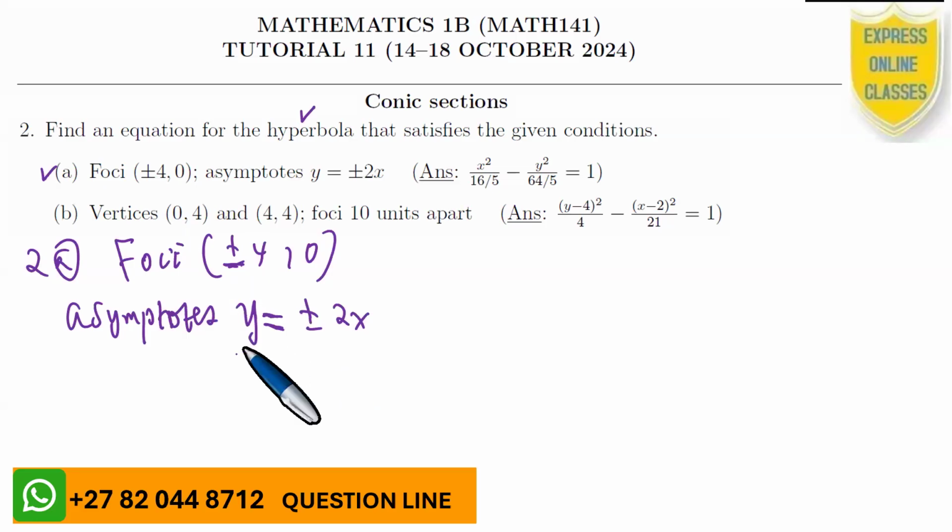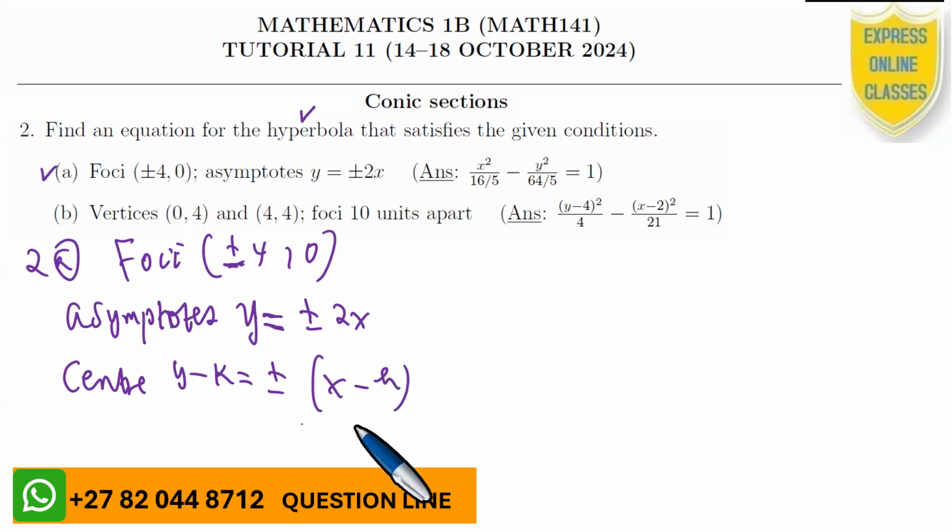Right, so the foci is there, but you can see that the center, because now this must be y minus k, plus or minus either a over b, then x minus h.